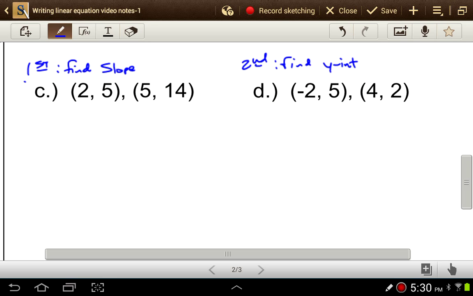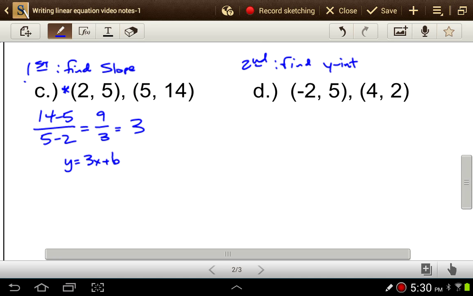I'm going to do 14 minus 5 over 5 minus 2. That's going to give me 9 over 3, which is 3. So that's my slope. So right now I have y equals 3x plus b. I need to figure out what that b is. What I'm going to do is plug in one of my points, and I'm going to use this one because that one seems like it's easier to use. I'm going to substitute in my point and then solve for b.